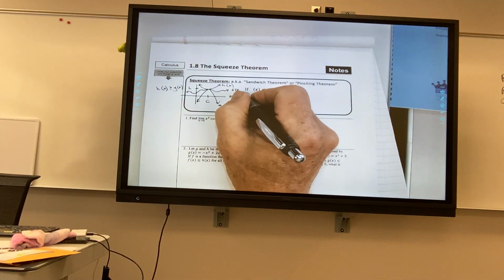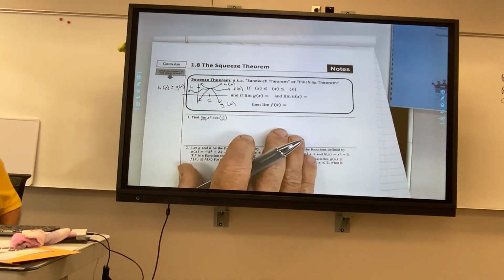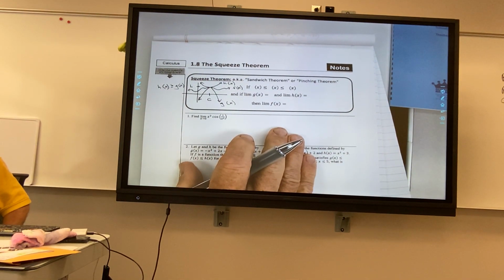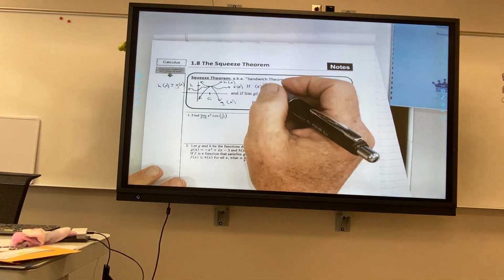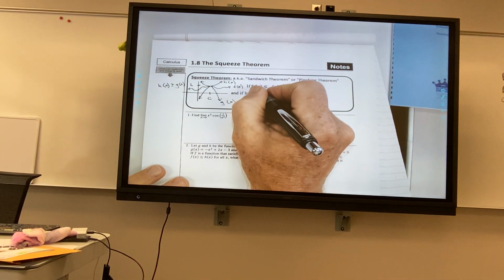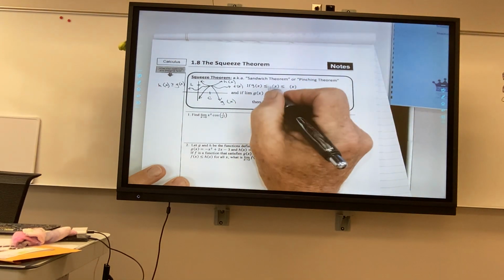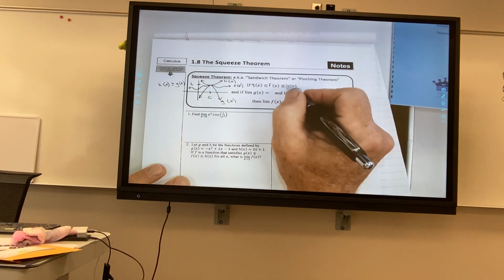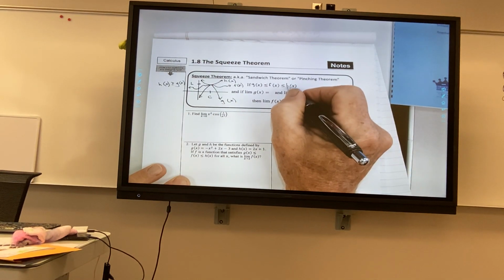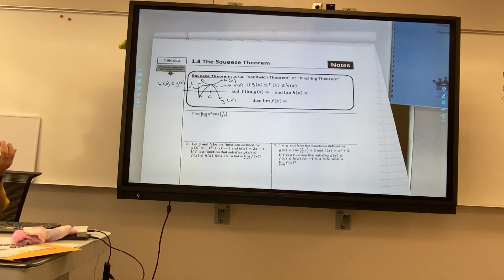So you just draw a squiggly line? Yeah, just make sure it's in between h and g. Okay? And so I have this situation that g of x, its y's, are less than the y's of f of x, which is less than the y's made by h of x. So it's in between there.